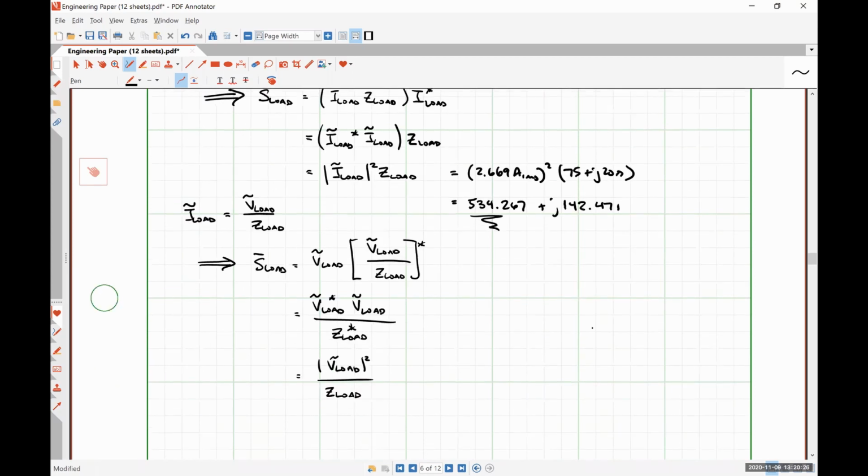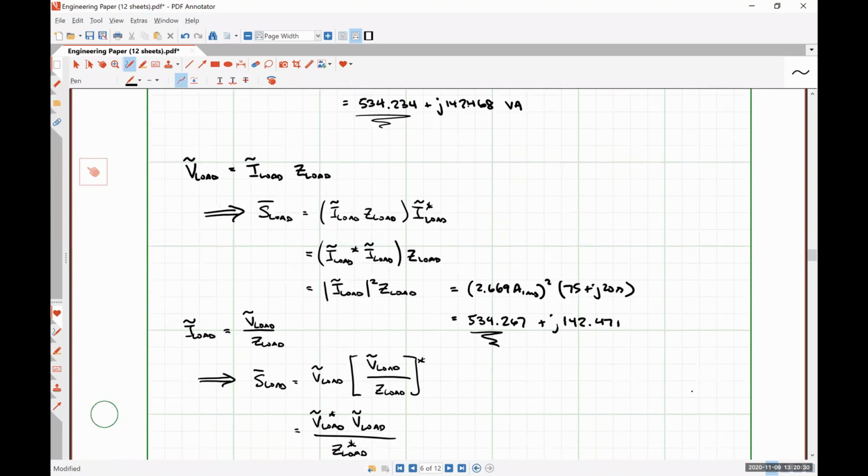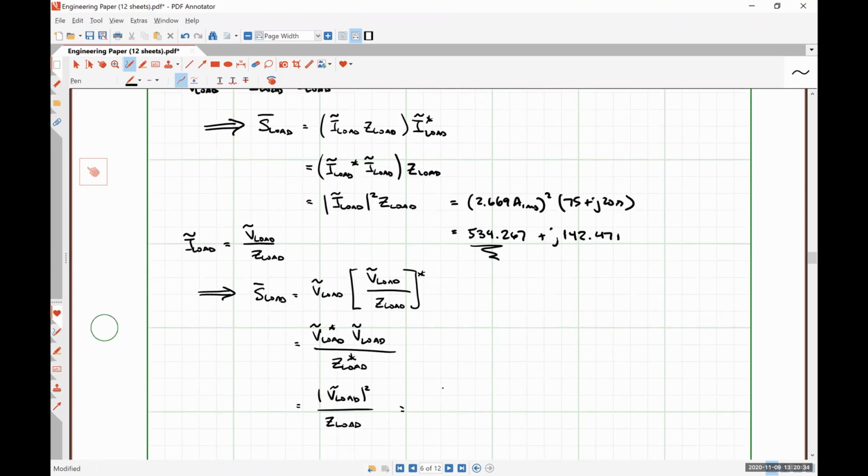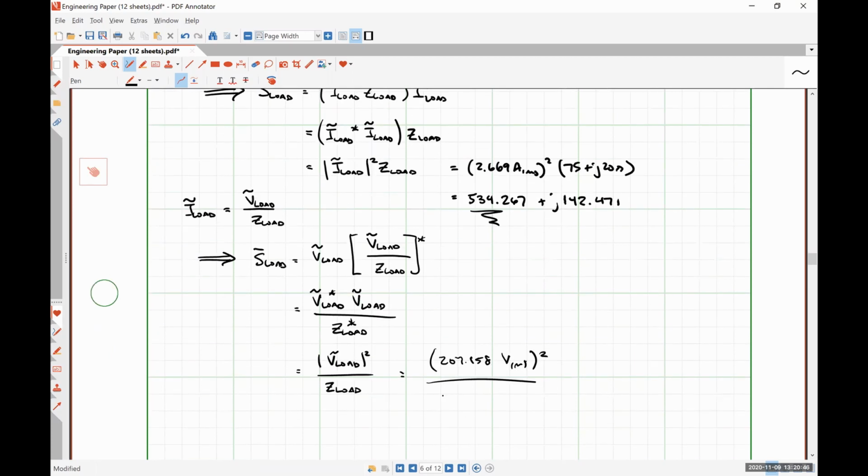If we go down here, let's see, what's our voltage? 207.158 volts RMS quantity squared divided by 75 minus j20 ohms, because I have to do the conjugate of the impedance.